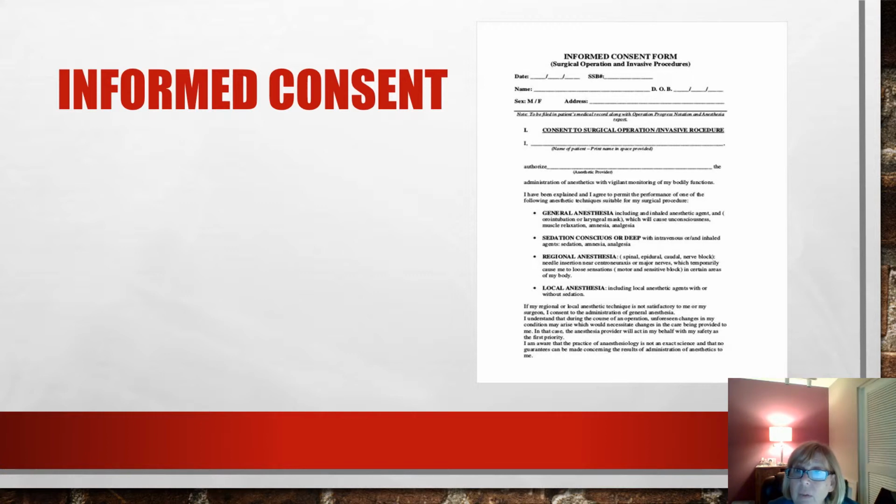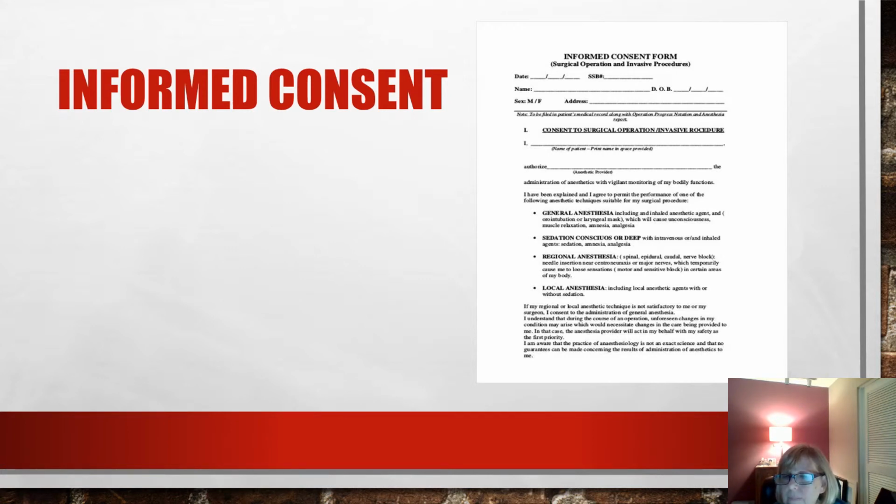What I've included here is just an example of an informed consent, and you can see that it includes surgical operation, any invasive procedures, the date of birth, the patient's name, and then it says I consent to surgical operation / invasive procedure, and it gives the name of the patient, authorized to perform whatever procedure it is.